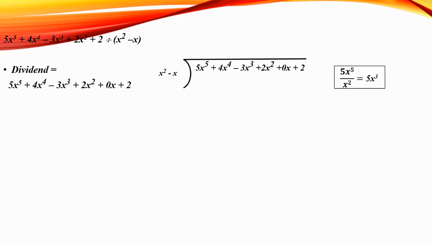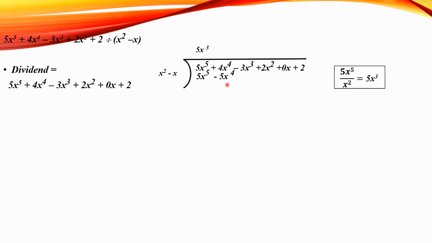So our quotient will be 5x raised to power 3. When we multiply 5x raised to power 3 with the divisor, we get 5x raised to power 5 minus 5x raised to power 4.